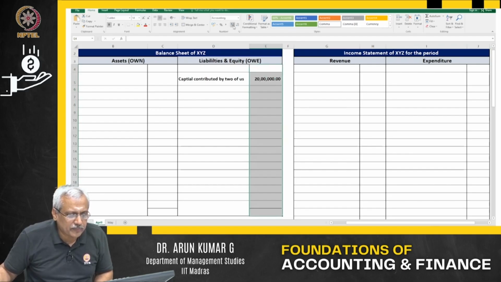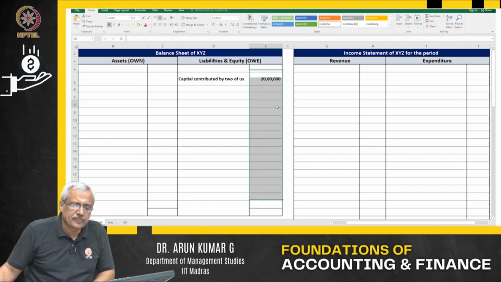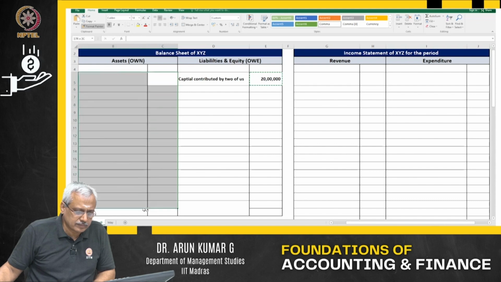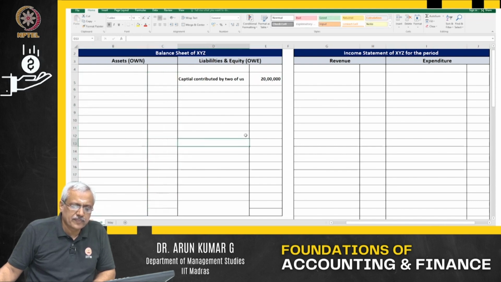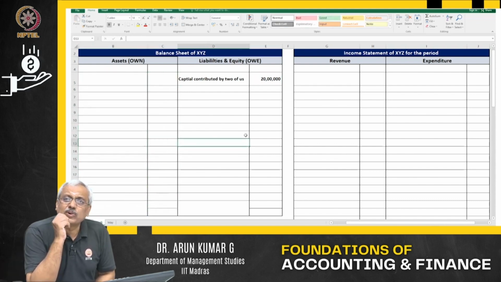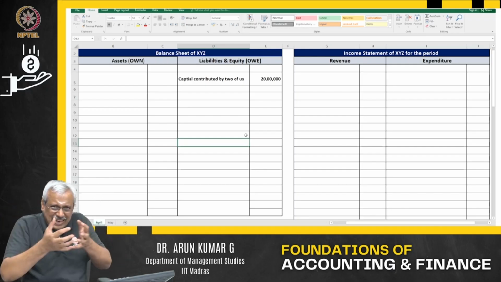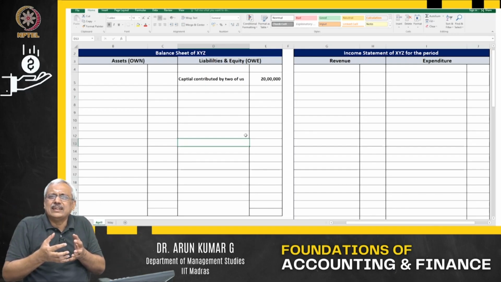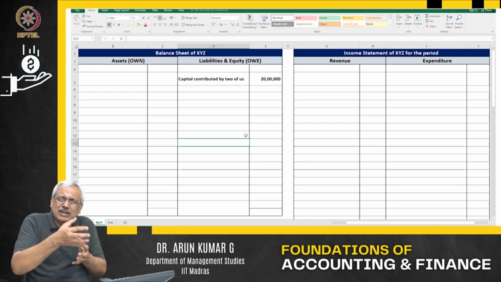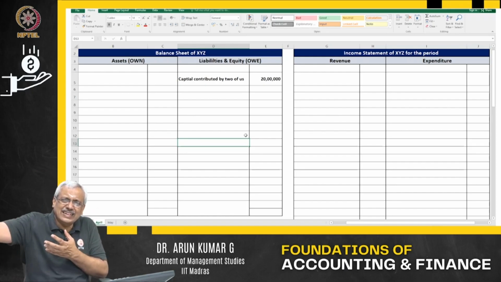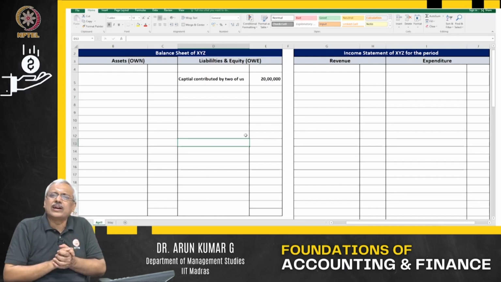I am just going to keep it this way. Okay. Capital contributed by two of us. So what happens? The moment we have contributed, XYZ has taken that money. So XYZ owes that money back to us when the entity is closing down. So that is where it is owing.